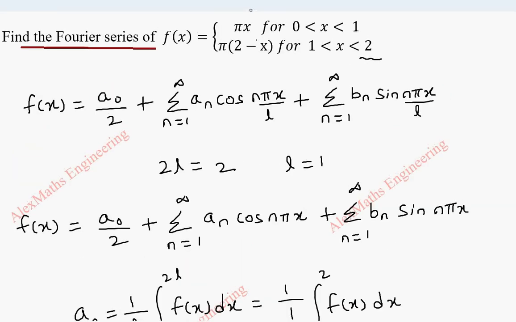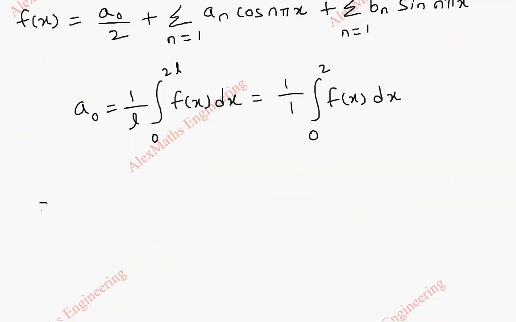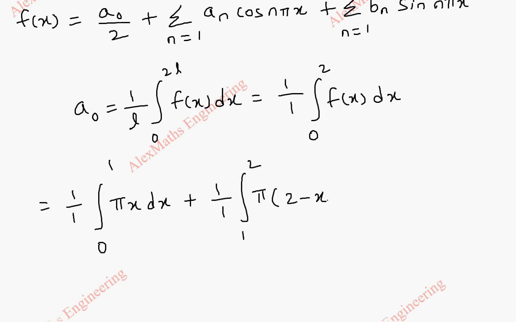One is pi x from 0 to 1. Another is pi into 2 minus x from 1 to 2. So we are going to write the first part, that is from 0 to 1, it is pi x. And the second one is 1 to 2 pi into 2 minus x dx.